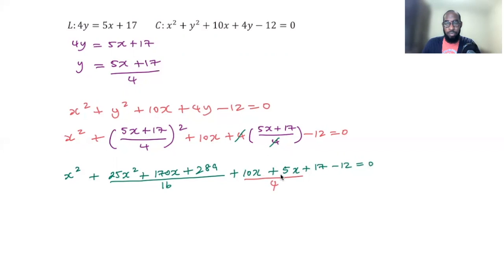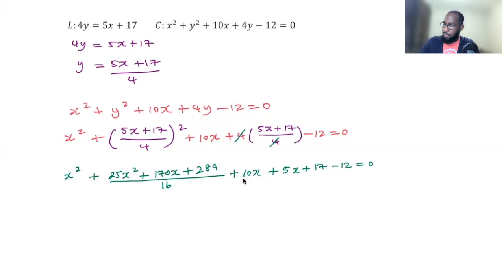Let's assume you had over 4 here, and you expand the numerator bracket. When you multiply everything by 16, you'll have 16 multiplied by a quarter, or 16 over 4, and you'll get 4. You'll just be able to simplify. That is just a reminder, a hint, assuming that is the way the question came.